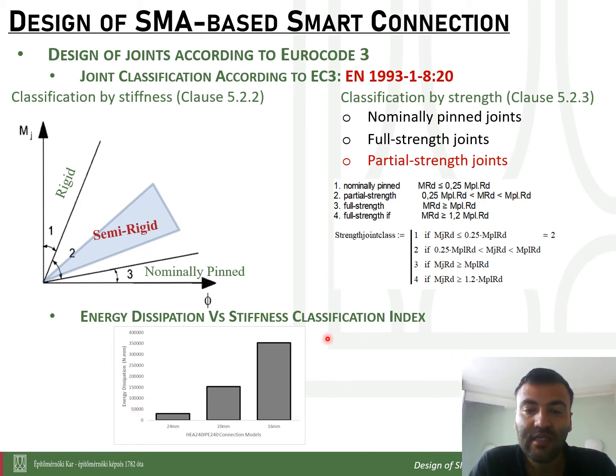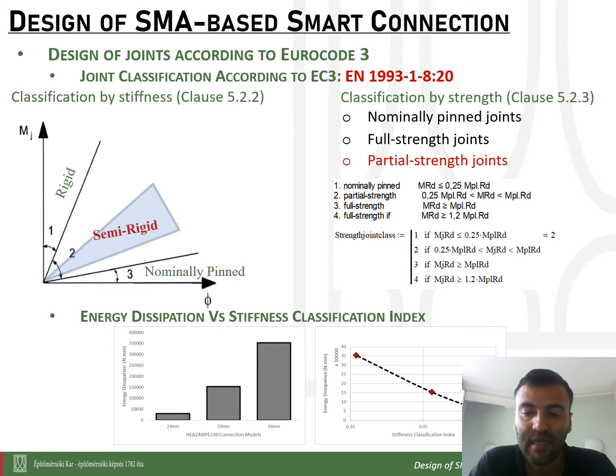However, the stiffness classification index is going to be decreased, as can be seen in this figure. This is a very nice indication when it is necessary to design the smart connection.